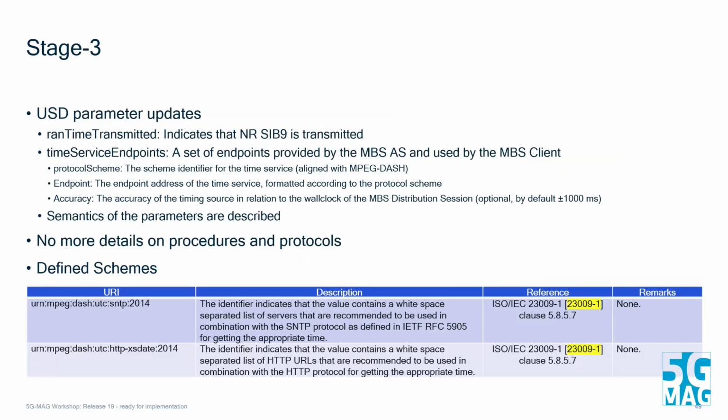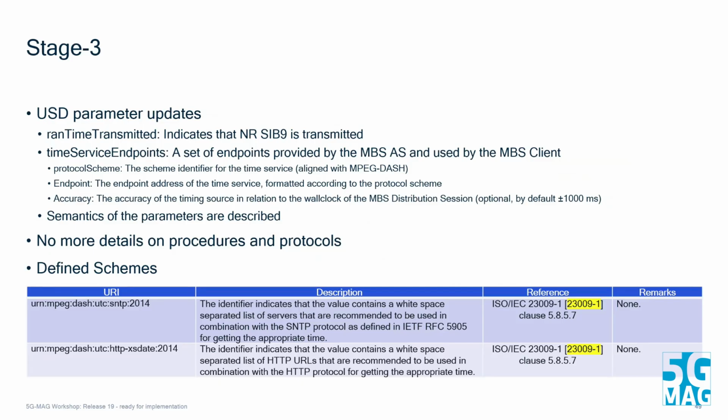Going into stage 3, there is not a lot more, but maybe that is a relief for Daniel. The first thing is we implement this in the USD parameter, and that tells you, is the RAN time transmitted, right? Is the SIB9 transmitted? And the other one is you can specify one or multiple time service endpoints where you find a wall clock you can synchronize.